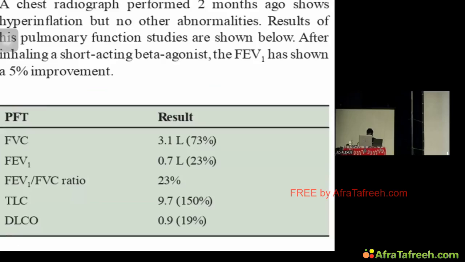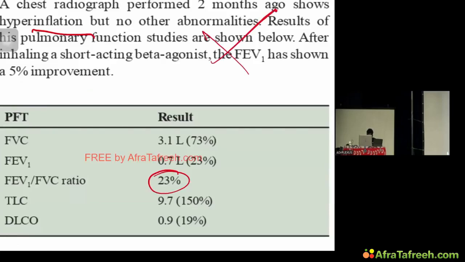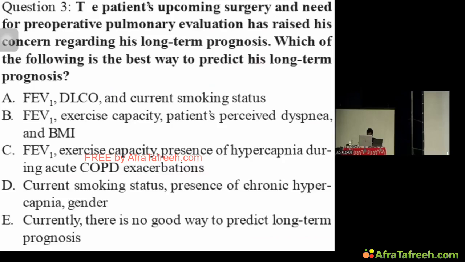A chest radiograph shows hyperinflation, and otherwise nothing is significant. FEV1 by FVC ratio is 23%. The patient is planned for surgery and needs pre-operative evaluation. Which of the following is the best way to predict his long-term prognosis?